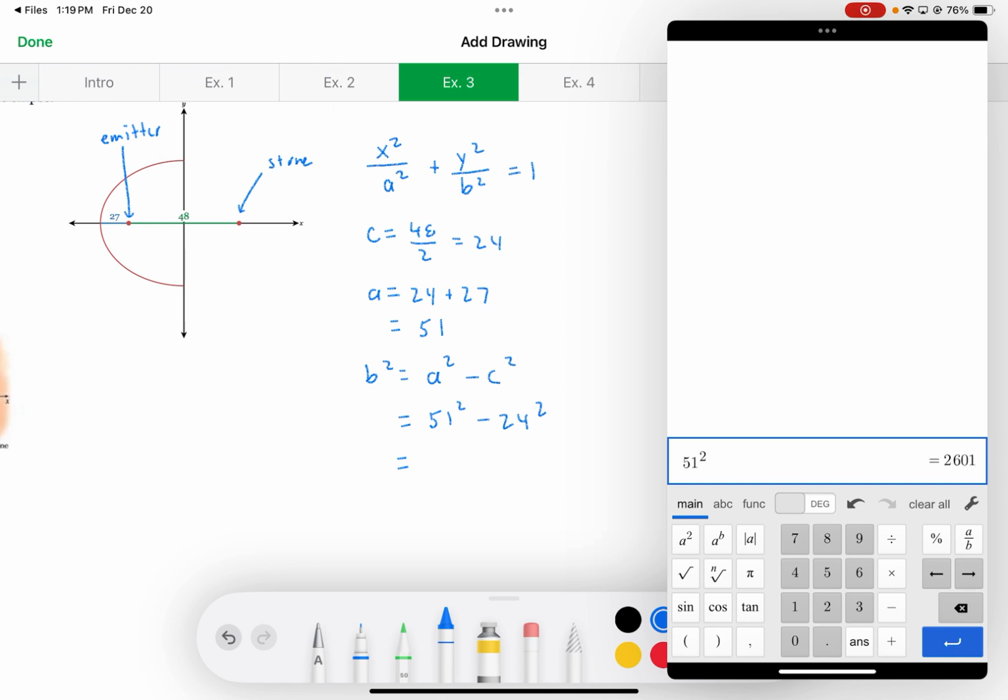Let's just do, so 51 squared is 2,601. 24 squared, 576. So we subtract 2,601 minus 576, and there's our b squared value, 2,025.